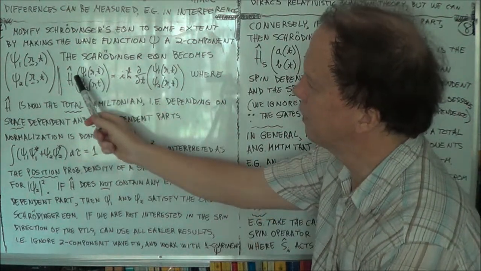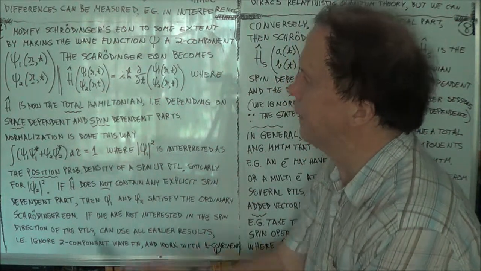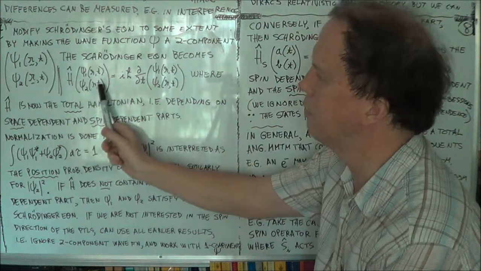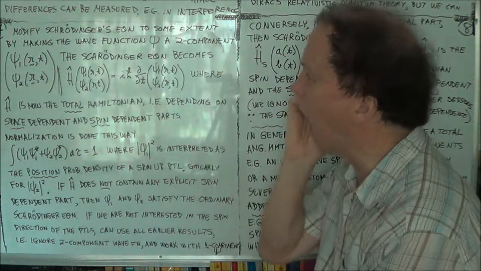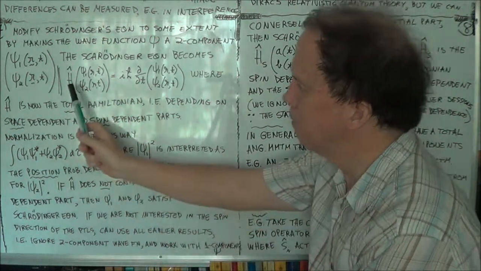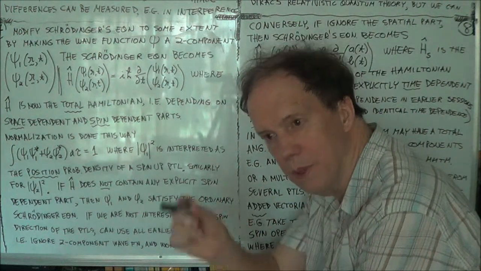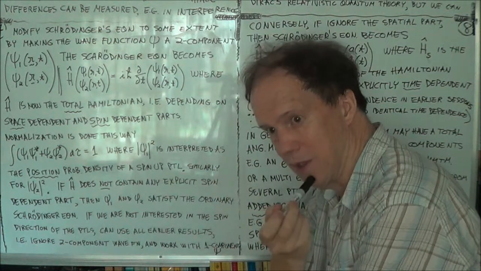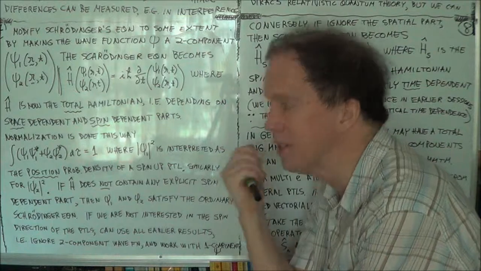The Schrödinger equation is just the Hamiltonian as usual, H hat, acting on the wave function, equal to the time derivative of the wave function. But in this case the Hamiltonian is a bit different. Remember, the Hamiltonian in classical mechanics is really just the total energy, the kinetic energy plus the potential energy.